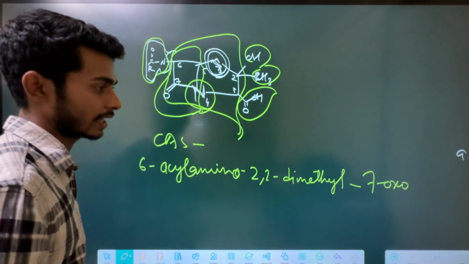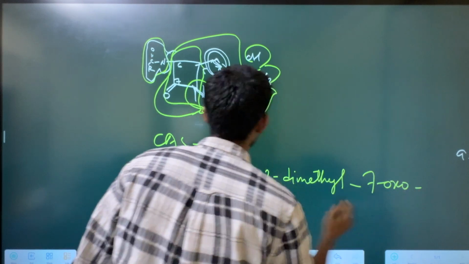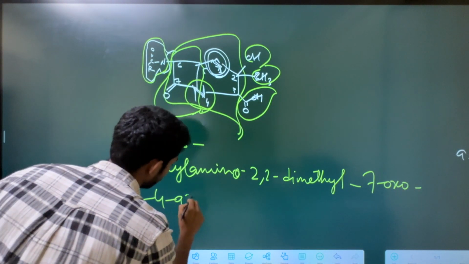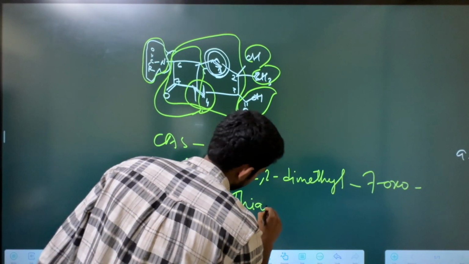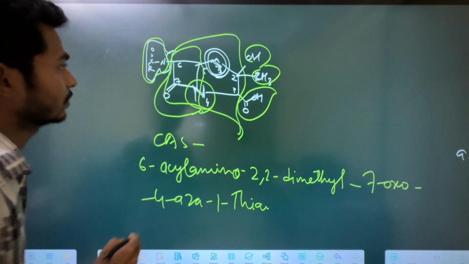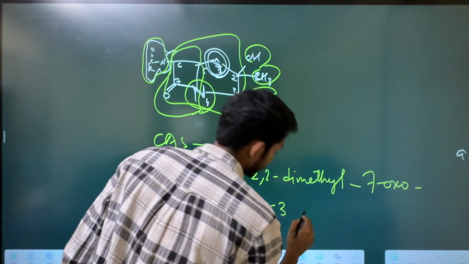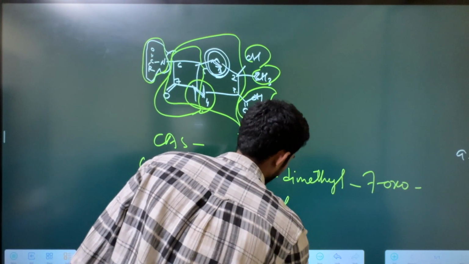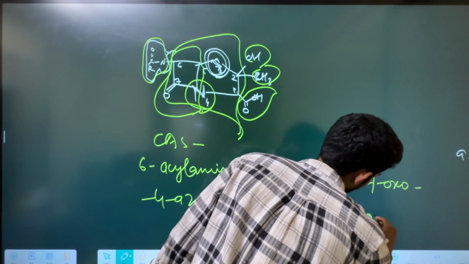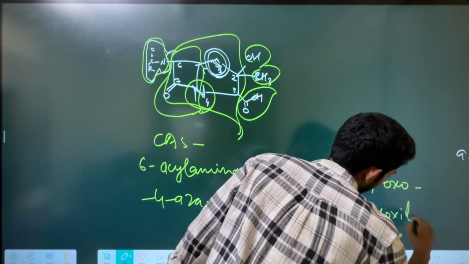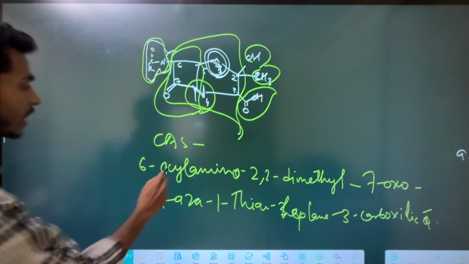At 1st position, sulfur. So that is called thia, that is called aza. Aza comes first. So you will write 4-aza. Then 1-thia. Then 3-carboxylic acid, right? So heptane, 3-carboxylic acid. Okay. That is in the case of CAS system.